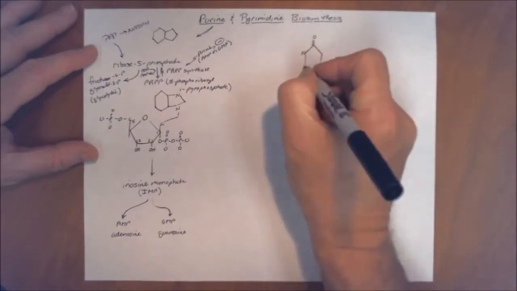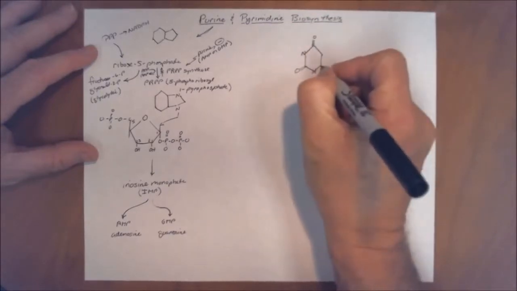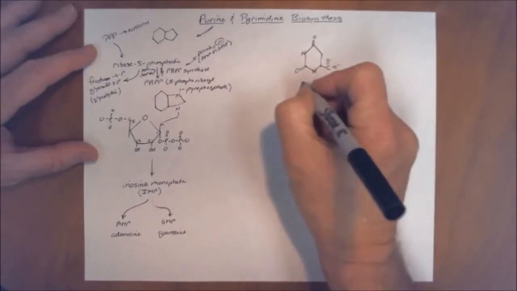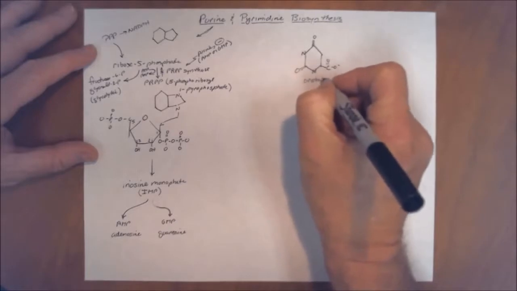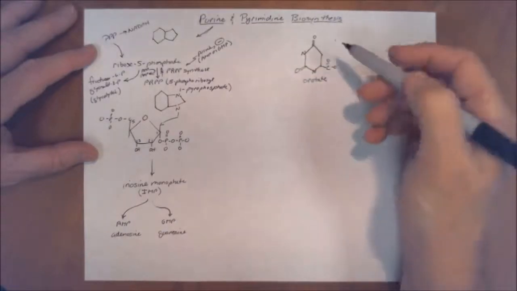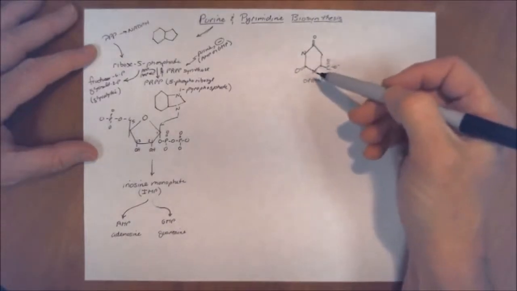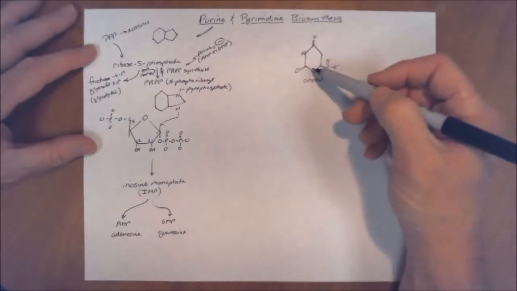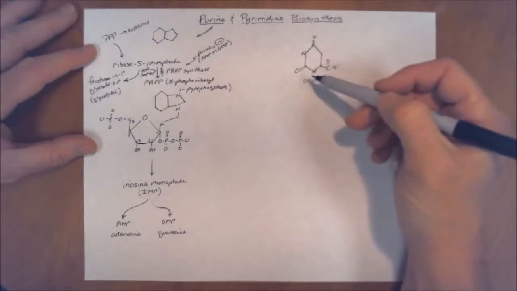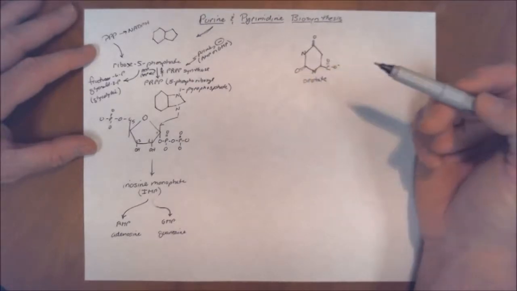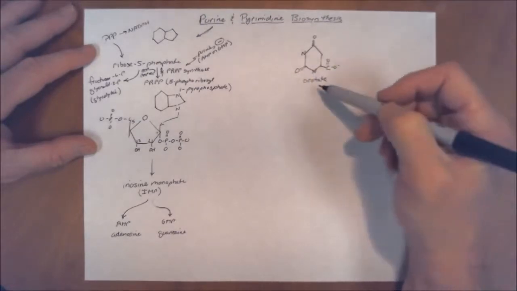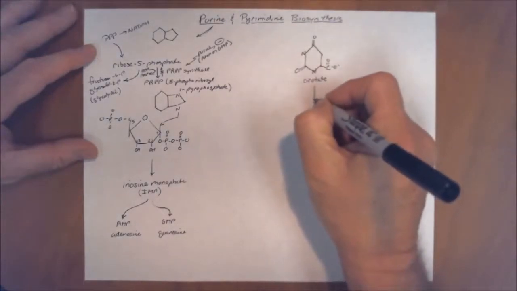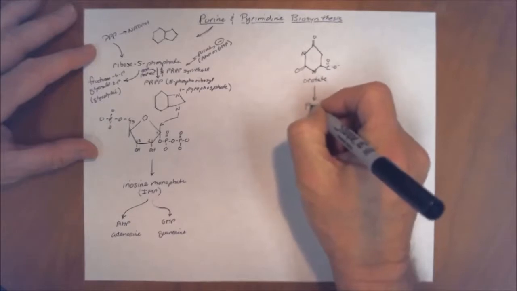At this point, what we are constructing is a molecule called orotate. And this, of course, happens by several steps using amino acids and small molecules such as carbamoyl phosphate to close up the ring. Now once we have orotate, at this point we can add it to PRPP.